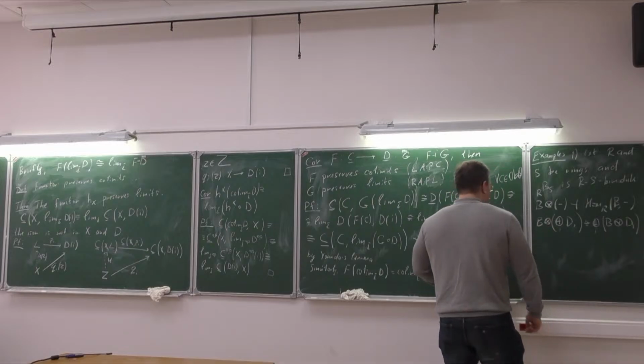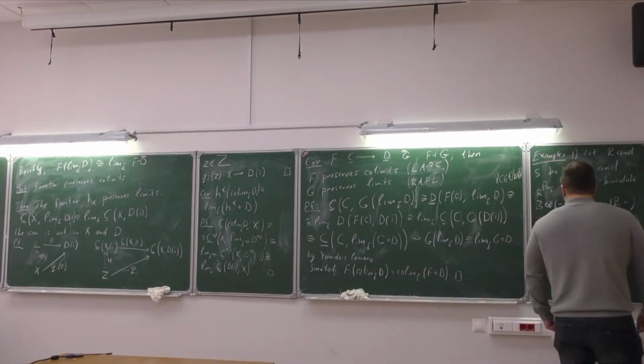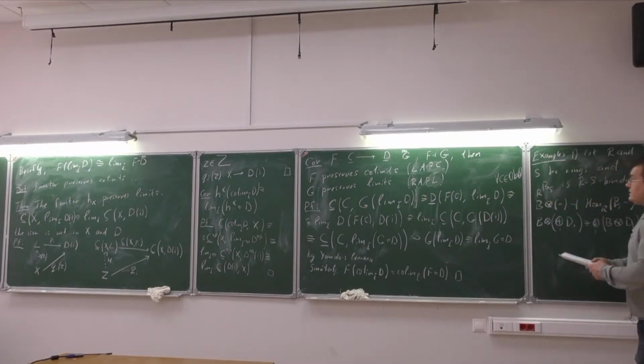Now another observation. I didn't say this explicitly, but we proved for limits that a limit can always be presented as the equalizer between two products. If you go to the opposite category, of course, any colimit can be presented as a coequalizer of coproducts.